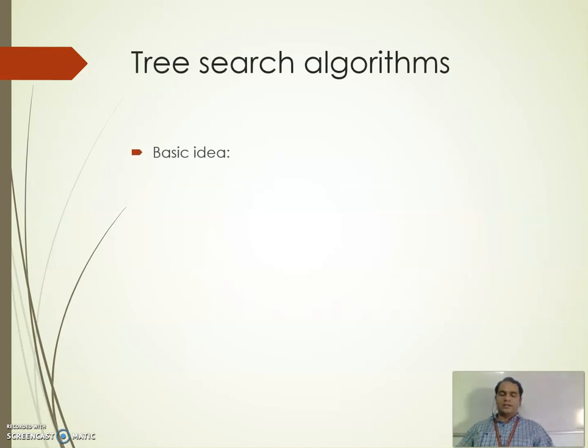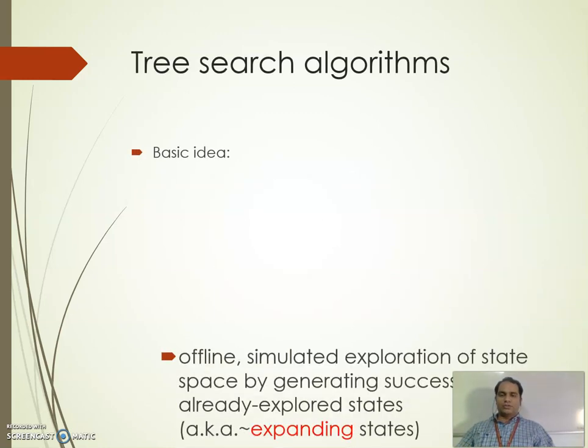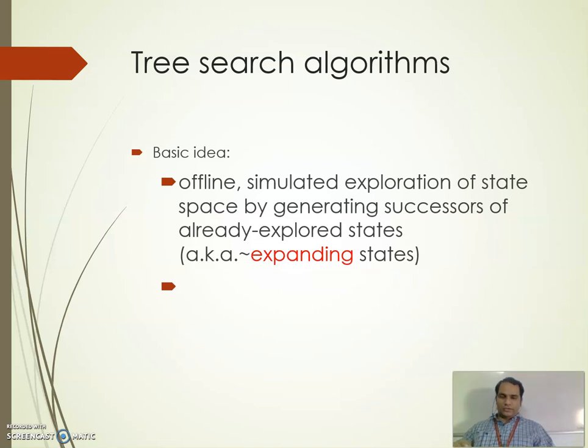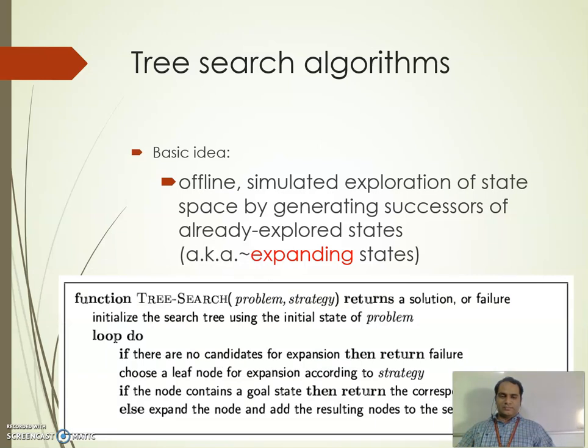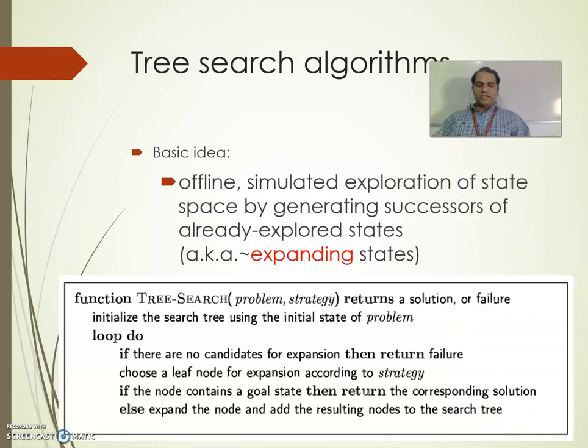Now the basic idea of the tree search algorithms, how it works. Offline simulated exploration of state space by generating successors of already explored states, or we are expanding states, we go on expanding the states. Let us look at the function. Now function tree search is identifying a solution, so it returns a solution if there exists a solution.